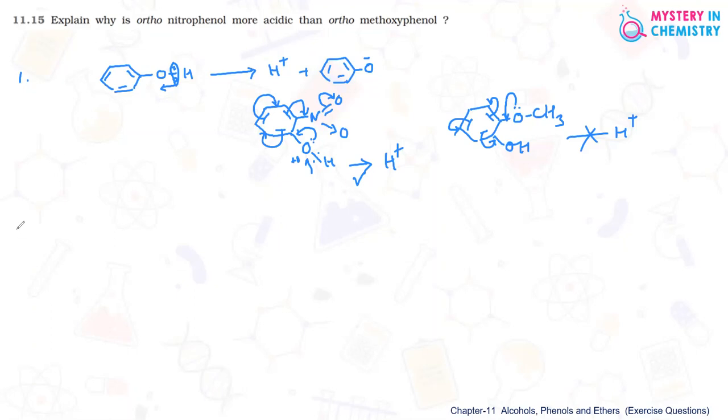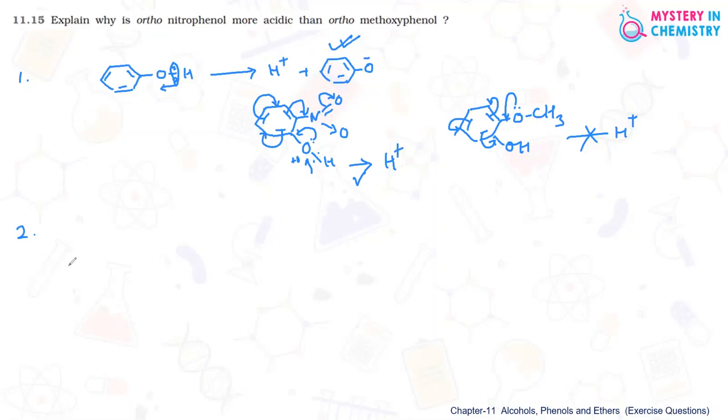And the second point is about the phenoxide ion. If the phenoxide ion is more stable, then it will have the tendency to form the phenoxide ion and, with that, give the proton and be acidic. So why is the phenoxide ion more stable?